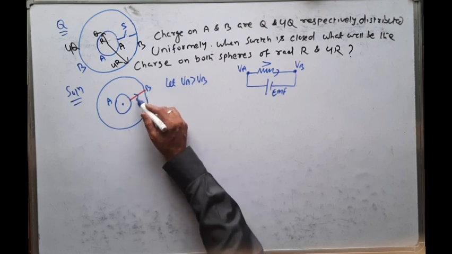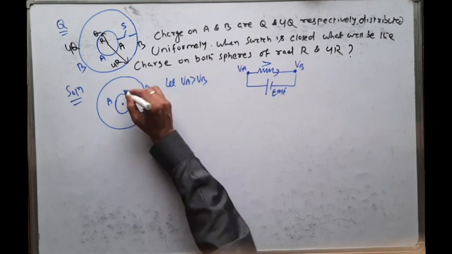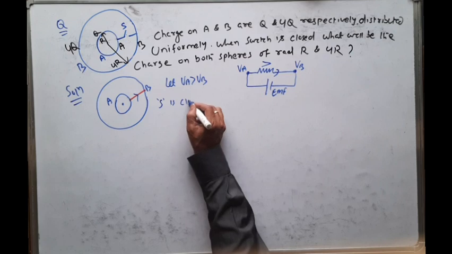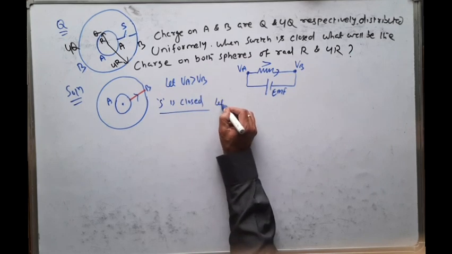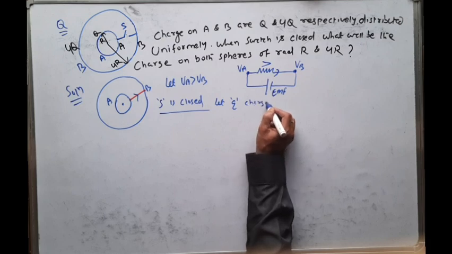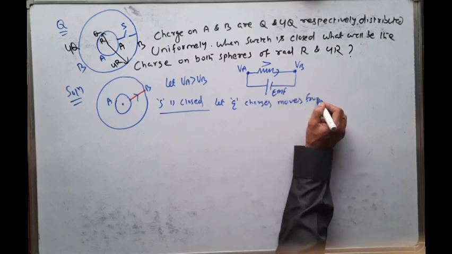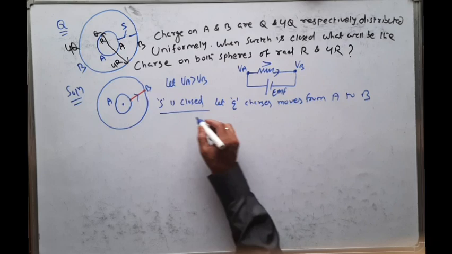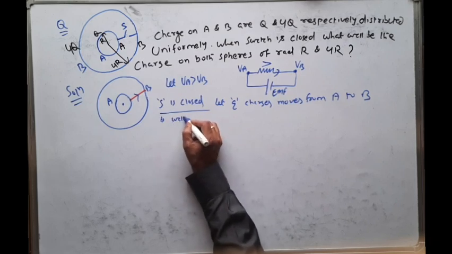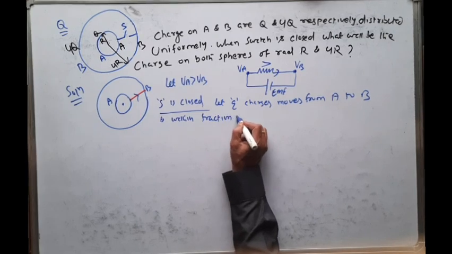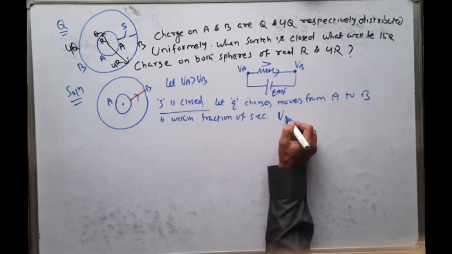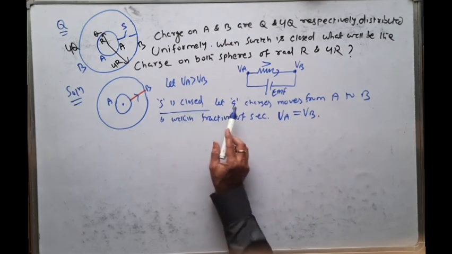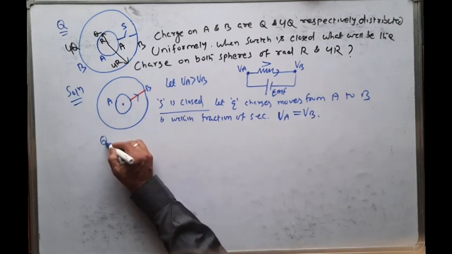Now after connection, let some small charge q move from A to B when the switch is closed, and within a fraction of a second, potential at A will be equal to potential at B. Now what is the charge on the A sphere?